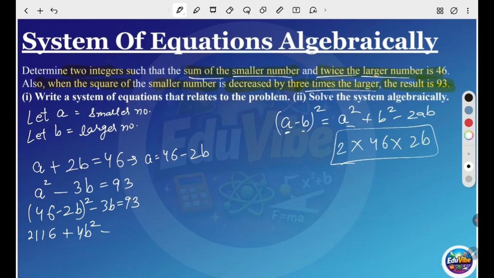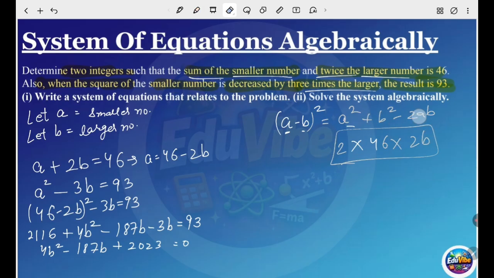When you solve this, 2 into 46 into 2, you get 184b, minus 3b is equal to 93. And when you solve this, you get 4b squared minus 187b plus 2023 is equal to 0.